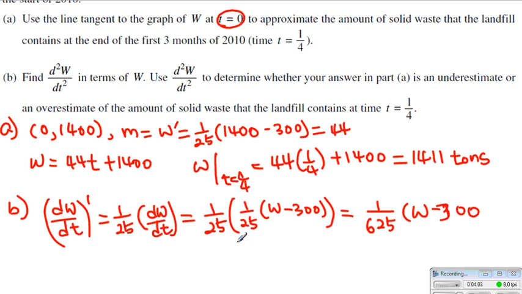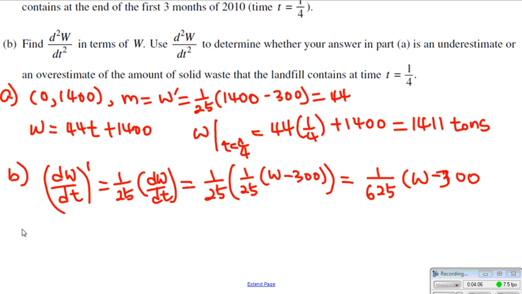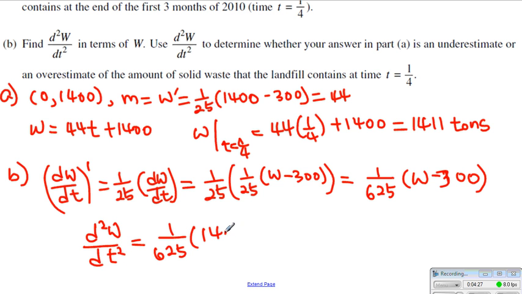At that particular point, meaning one point that we know for sure, we end up getting this: the second derivative will be equal to 1/625 times (1,400 minus 300). This is clearly greater than 0. That means we are looking at positive concavity with positive slope.